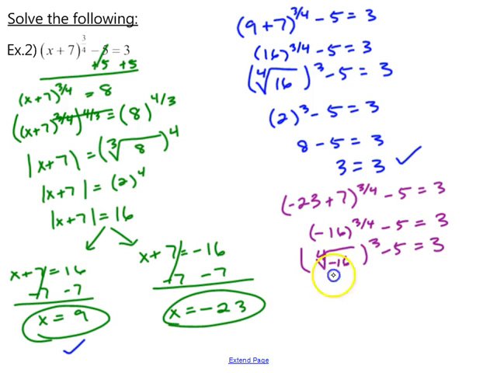Now, when you take a look at this, we cannot take the 4th root of a negative number. Remember, whenever you have an even index, we can't take an even root of a negative number. It's going to give us an imaginary solution. So since we don't have a real solution, we can actually stop here, and we know that x equal to negative 23 is not going to be one of our answers. So in this problem, though we got two answers, x equals 9 is our only solution.